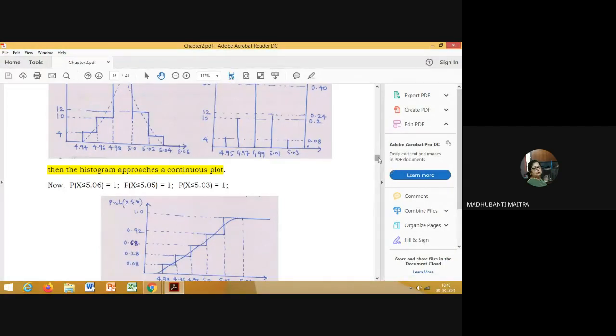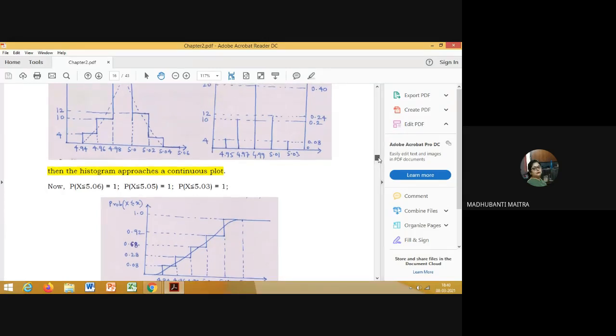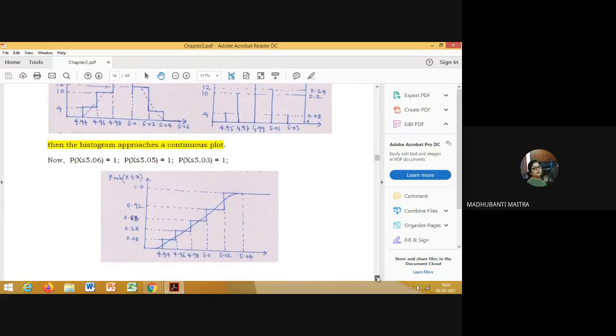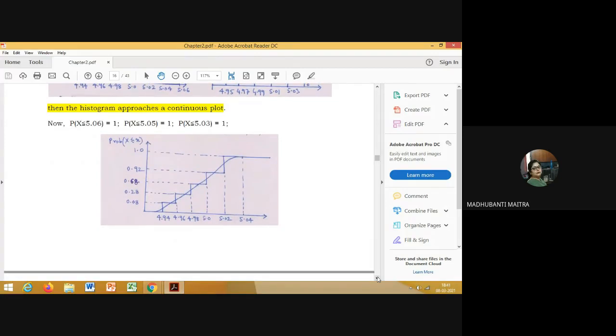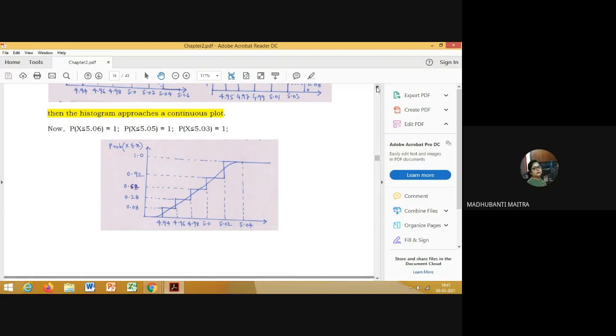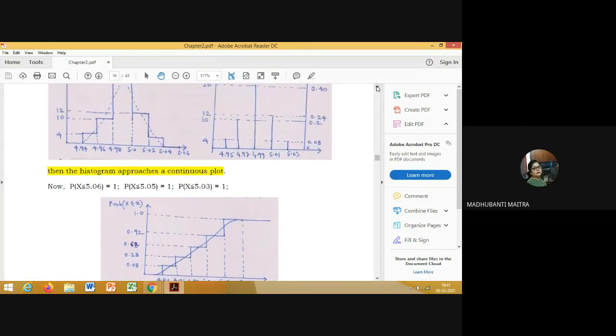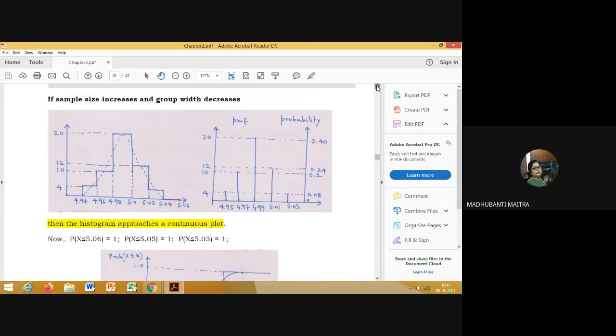And from the concept of discrete random variable, we assumed a few things, and finally we saw that from the concept of discrete random variable, we can go for the concept of continuous random variable. And also we have seen that in the limiting condition, if we consider a continuous random variable, then the distribution functions will become continuous, right?